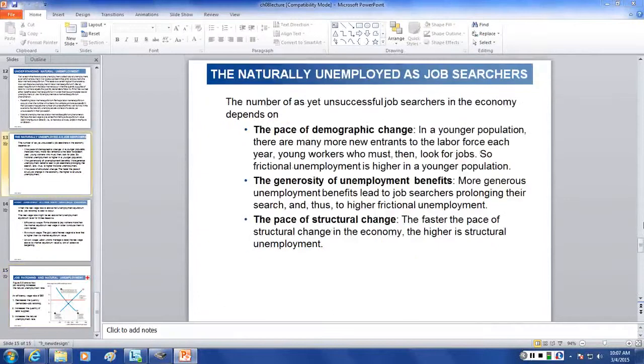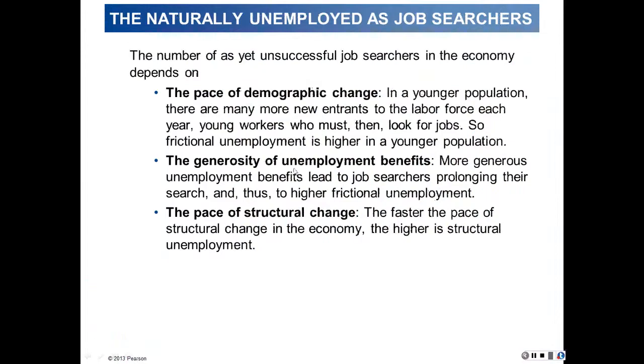So here are some of the factors that affect the number of the naturally unemployed. And we spoke about this at the end of class last time. First one was the pace of demographic change. If you have a young population, then chances are that the natural rate of unemployment is going to be higher. Why is that?